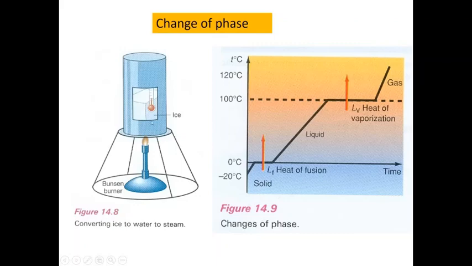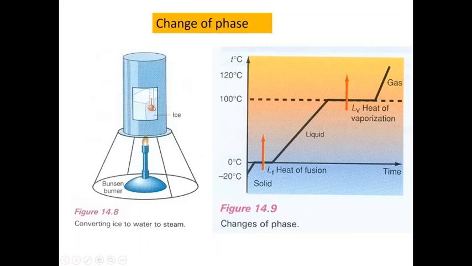We can increase the temperature of this ice, and look at how temperature changes with time, by measuring with a thermometer and plotting it on this diagram. Initially the temperature was minus 20 degrees Celsius.